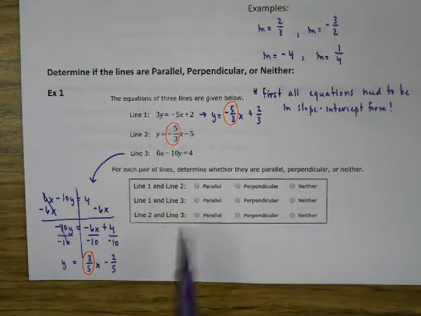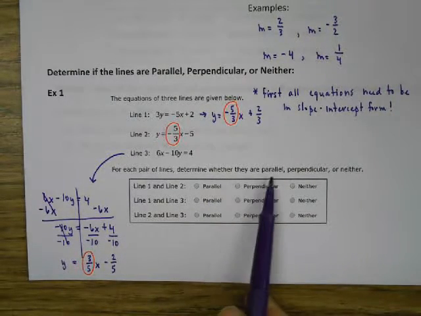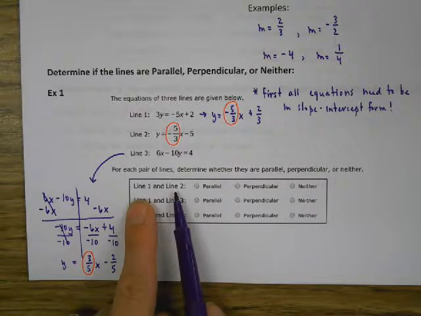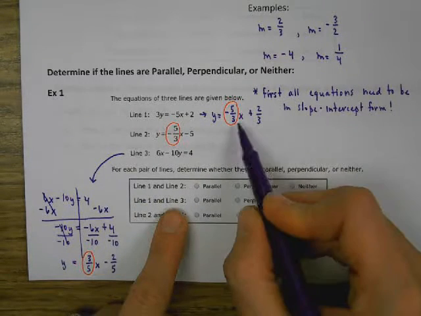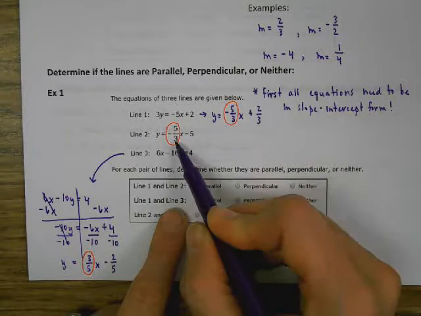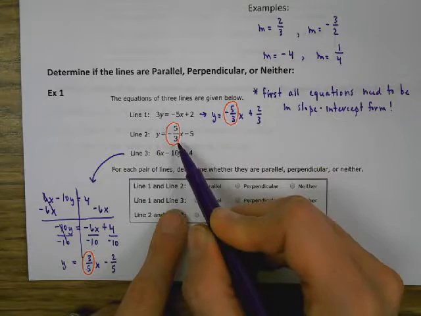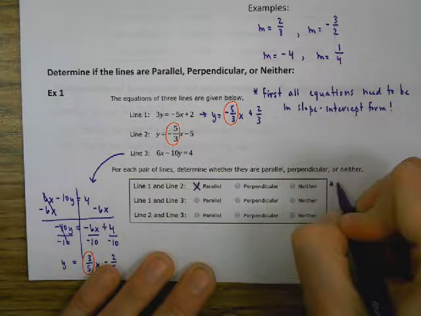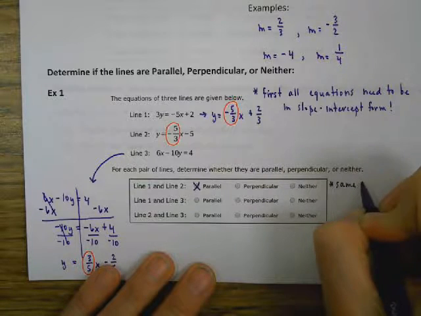So let's see what it asks. It says for each pair of lines, determine whether they're parallel, perpendicular, or neither. So let's look at line 1 and 2. Well, line 1, we said the slope was negative 5/3. Line 2 is negative 5/3 also. Since those are the same, those lines are parallel. I'm going to make a note here that they have the same slope.